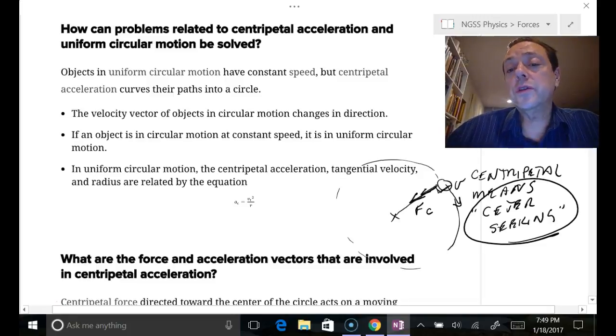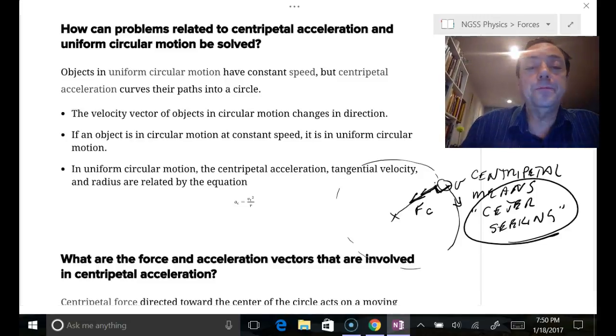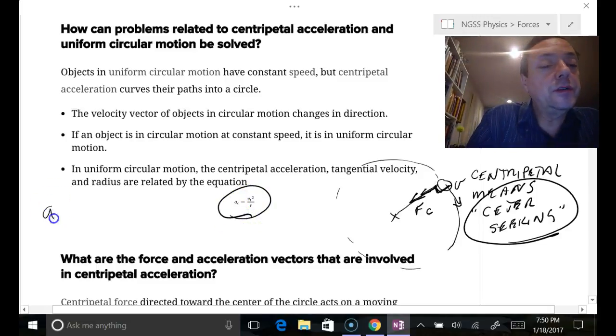So when something goes in a circle, there's not only a centripetal force and acceleration acting, but it also means that the velocity and that centripetal force and acceleration act at right angles to each other, right? It doesn't speed it up, it doesn't slow it down, it just keeps changing its direction. That's the formula for centripetal acceleration. Let me rewrite that.